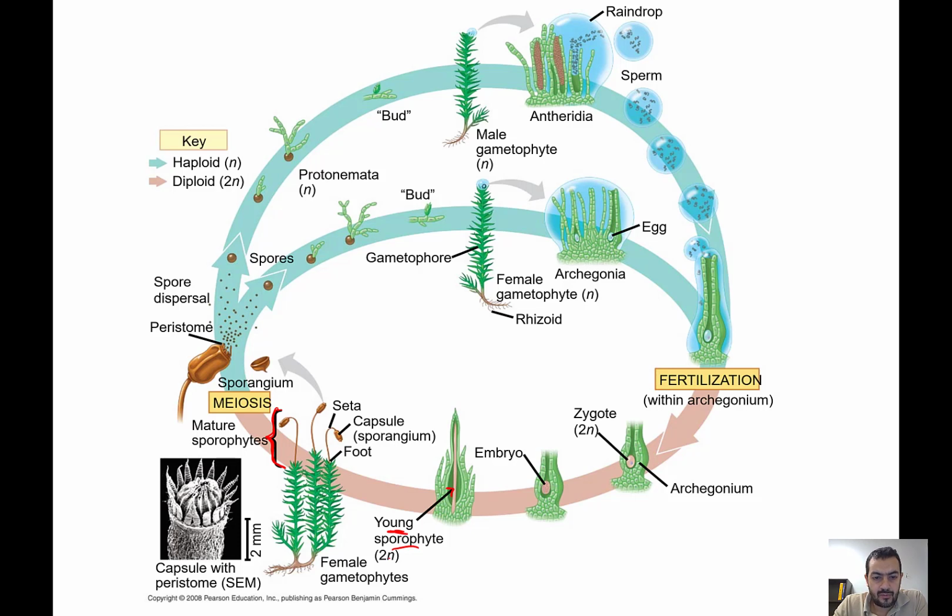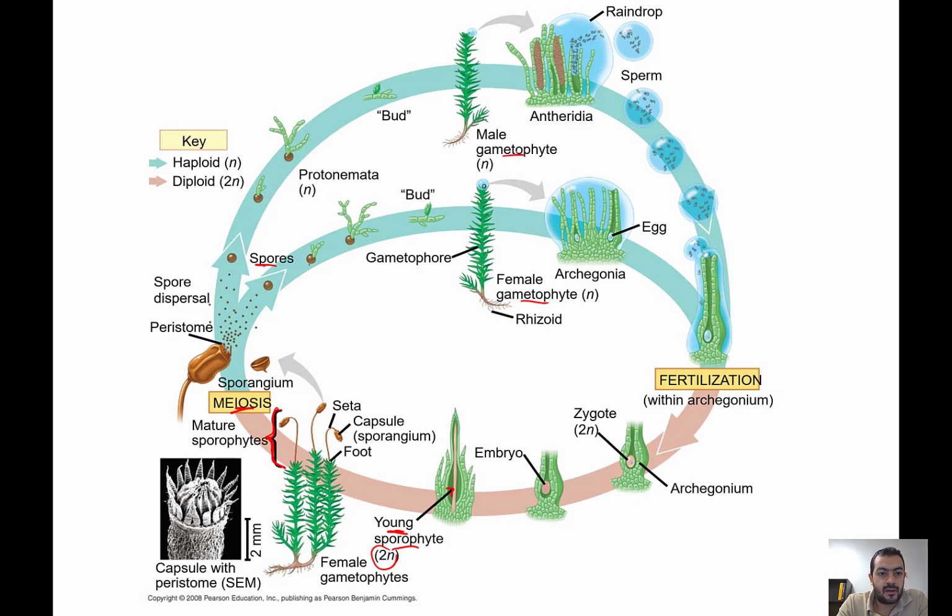The sporophyte is the diploid stage, because it is formed by the fertilization of two gametes. Then through meiosis we end up with spores. Spores are haploid structures. They will be dispersed, and then they will germinate to form the gametophyte.